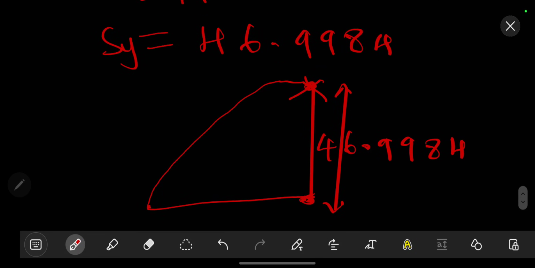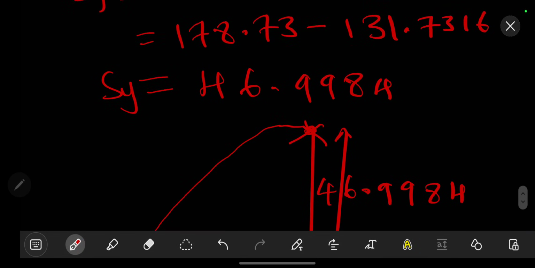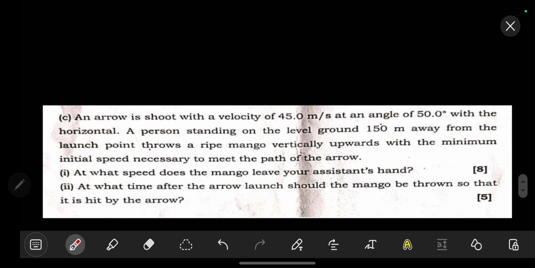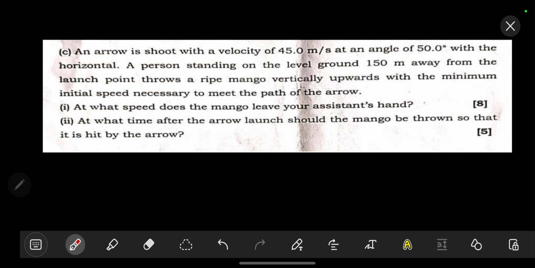So to find the initial velocity, we are told to find, at what speed does the mango leave the assistant's hand? So the mango, not the apple, the mango. Now, for the maximum height that this person can throw the mango, since we are looking at minimum speed, it means that when it reaches that height, its velocity must be 0 so that it starts to come down.